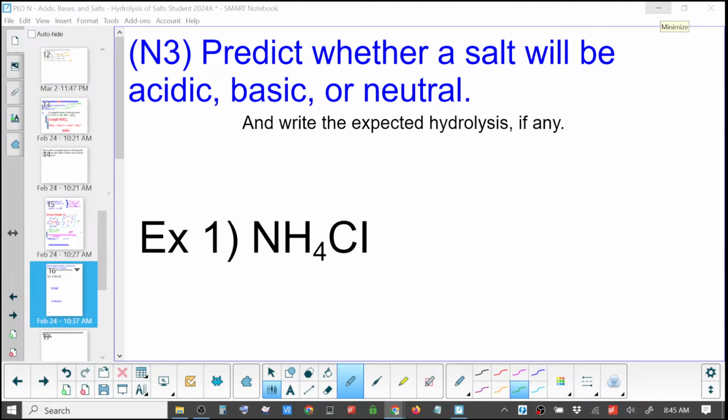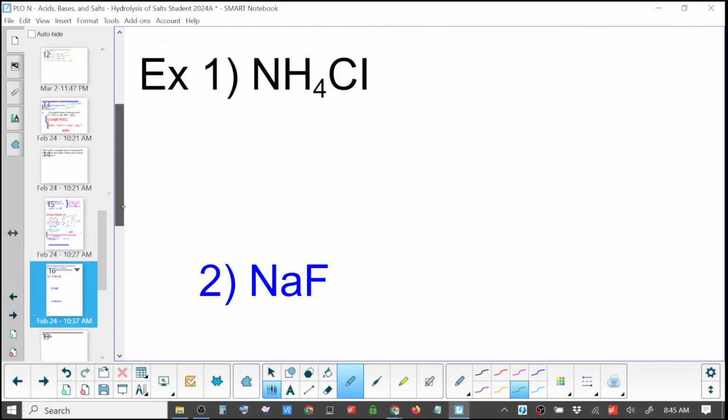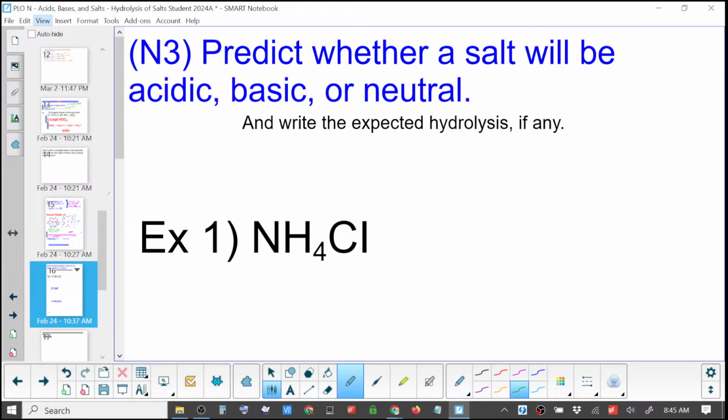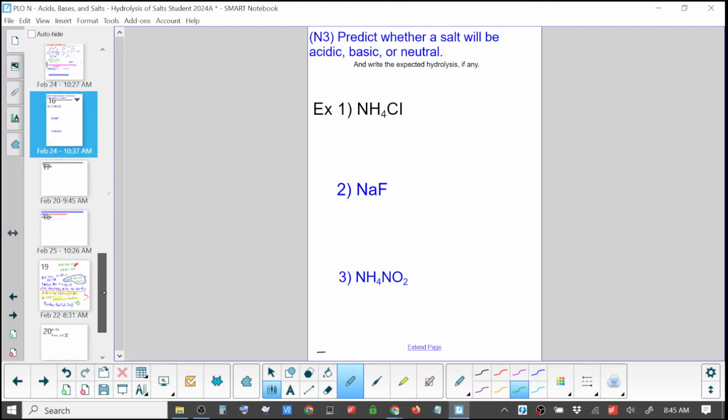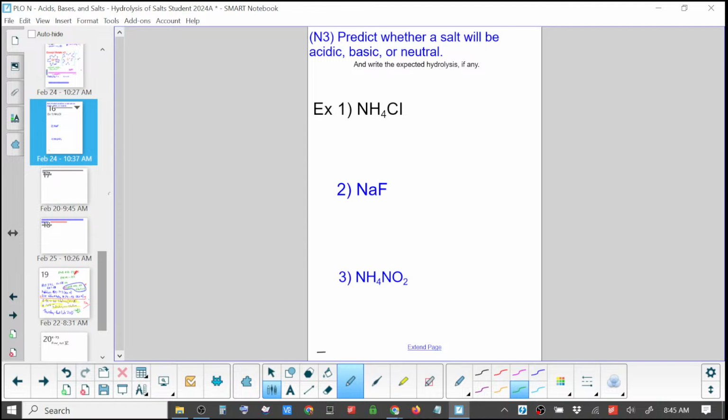I think you have to eliminate the spectator ion. No, no, no. Oh, is it with the... Enough of these are getting right. Do you need any of them?